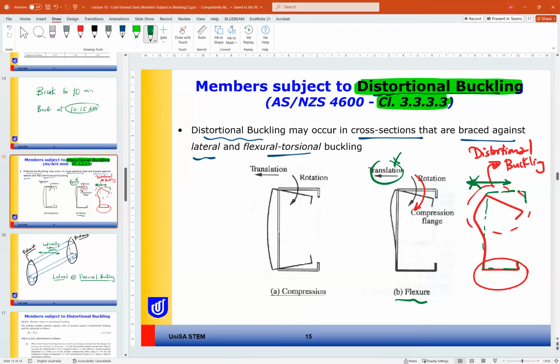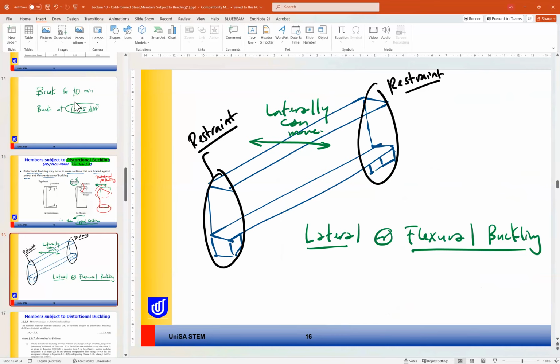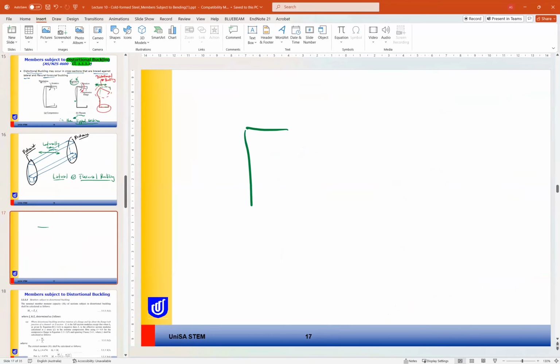Okay, this distortional buckling usually or mainly happens in the lipped sections. Because as you know, we have two types of section.